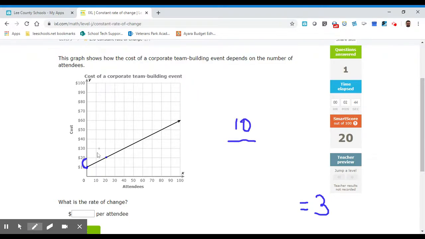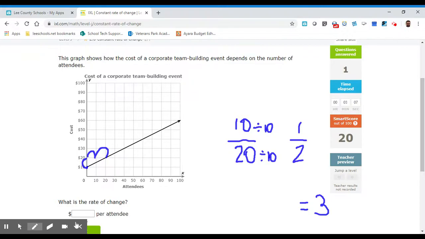And the run is 10, 20. 10 over 20. And since we could simplify it by dividing by 10 on the top and bottom, our simplified answer is going to be 1/2.